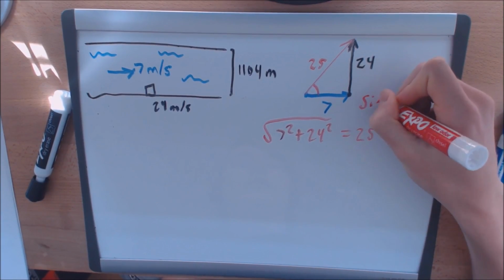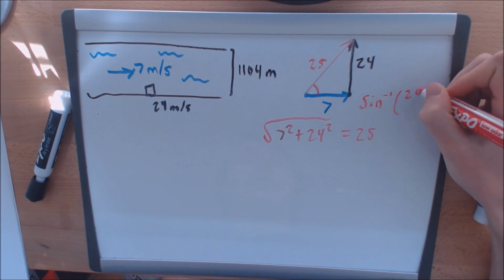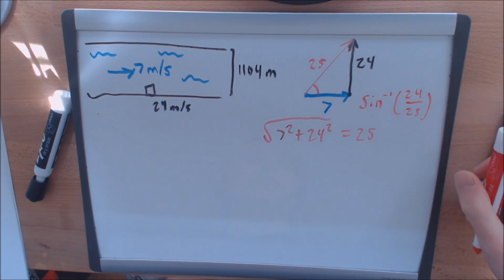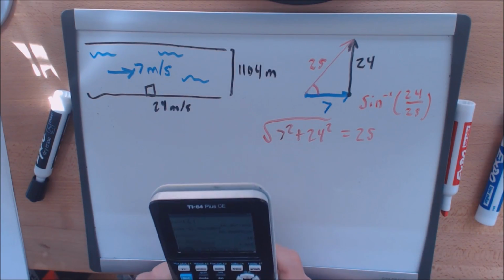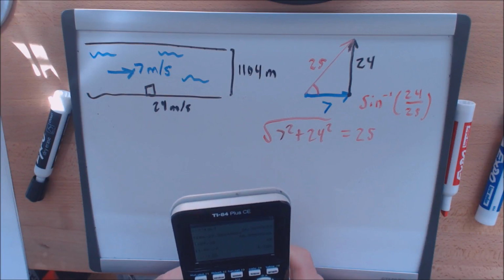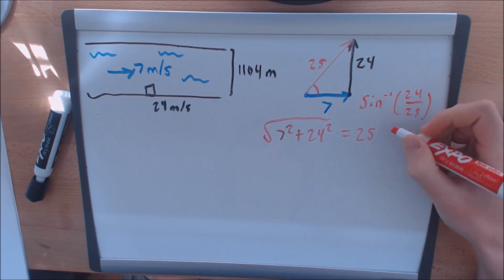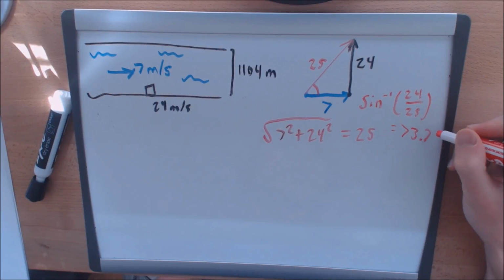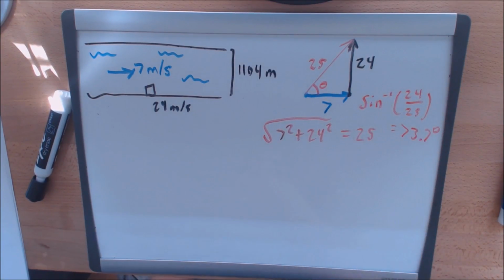So we'll do the inverse sine of opposite 24 over hypotenuse 25, which gives us an angle of 73.7 degrees. So that's this angle right here.